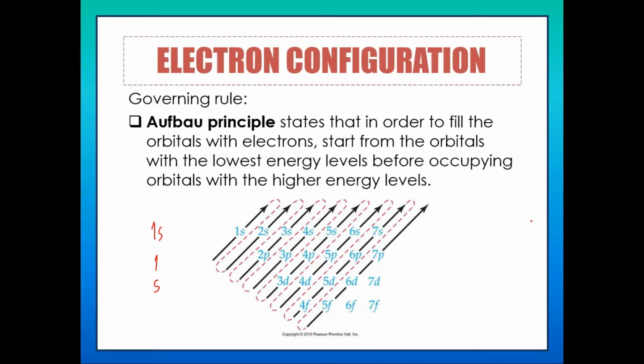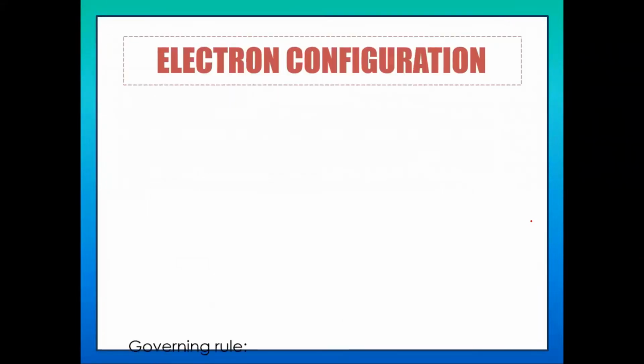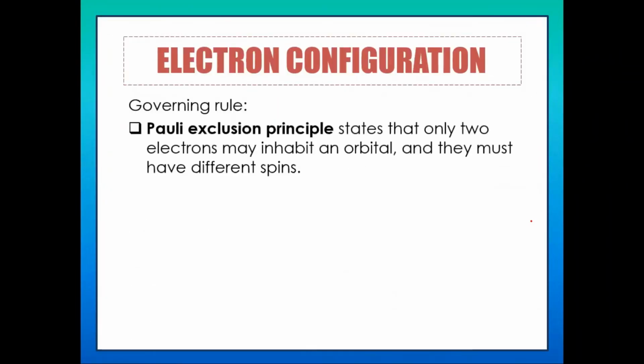Now, the next rule to follow for electron configuration is the Pauli exclusion principle, which states that only two electrons may inhabit an orbital and they must have different spins.